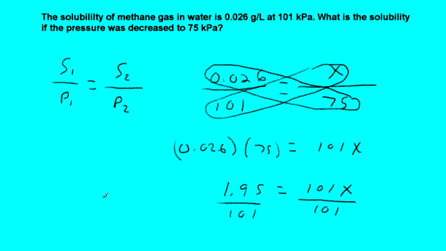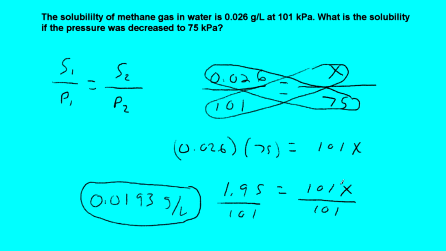So the answer is 0.0193 grams per liter. And again, that makes sense because if we started with 0.026 grams per liter at 101 kPa, if the pressure dropped, this number should get smaller, and it does.